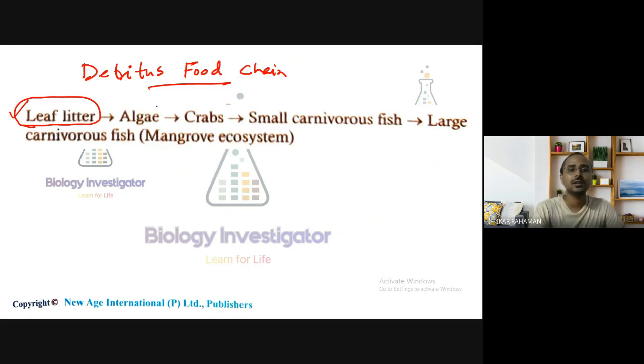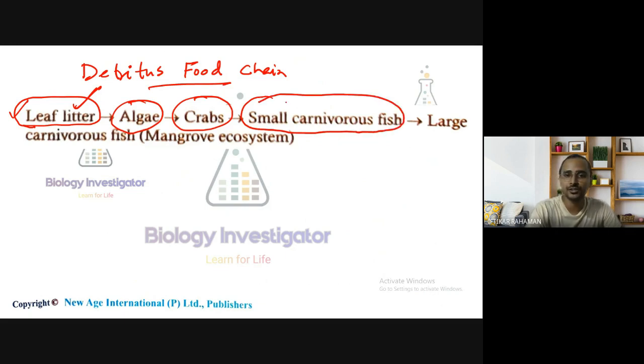So leaf litter, if this leaf litter is being consumed by algae, and this algae is being consumed by crabs, that I have already told you, and these crabs are being consumed by some small carnivorous fishes, and these small carnivorous fishes are being consumed by some large carnivorous fishes.